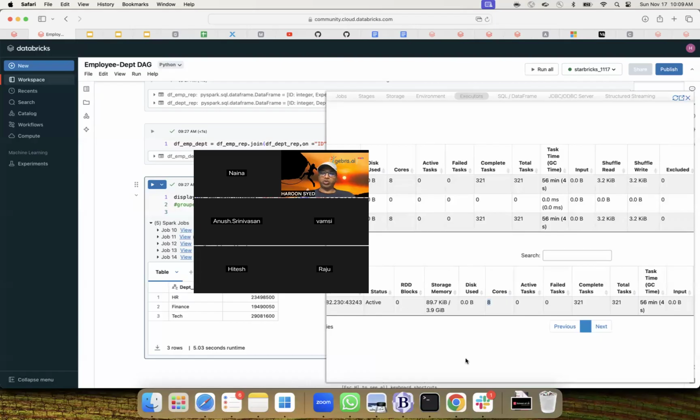The cluster is only one, right? So it can only run 8 partitions. So 8 cores, 8 partitions it can run. That's it. No, my question is, can it run your program and my program at the same time? No, because there's only one core, right? It is already working on this.